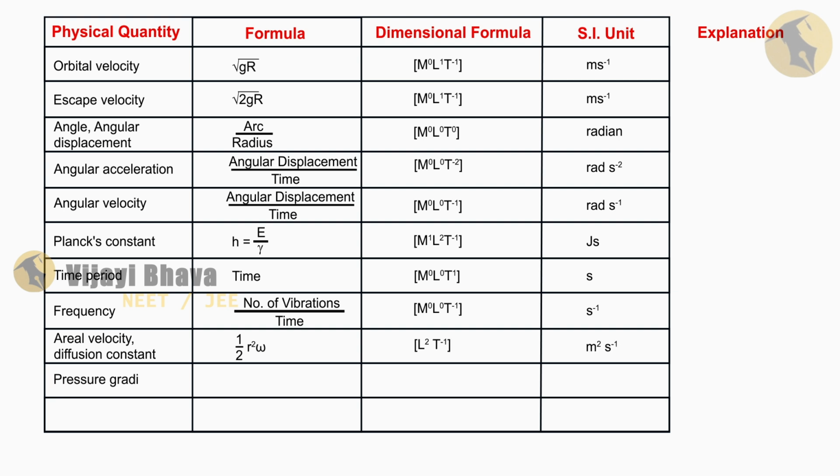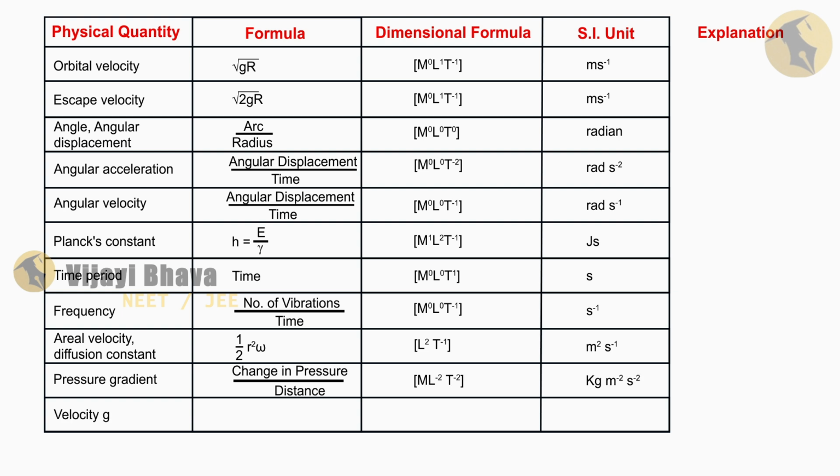Then the pressure gradient. Pressure gradient is change in pressure by distance. Change in pressure is also termed as pressure, and pressure has a dimensional formula M1 L minus 1 T minus 2, by distance L1. So, the final dimensional formula for pressure gradient becomes M1 L minus 2 T minus 2.